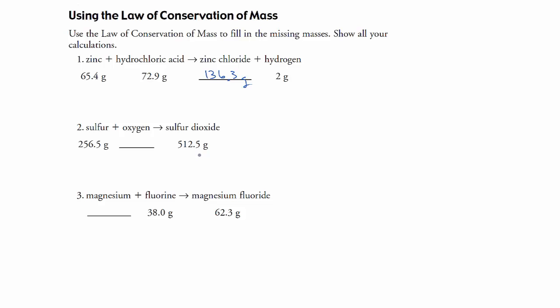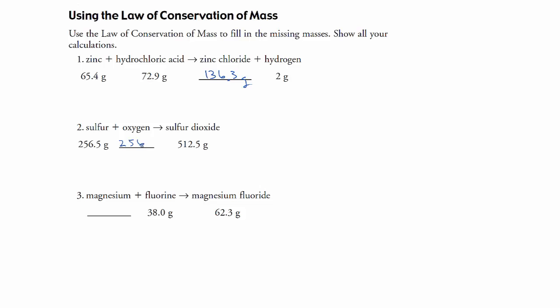So we now know that if we subtract 256.5 from 512.5, we will get this missing quantity, this mass of oxygen. Could be wrong here, but I'm thinking that's another 256. 256 plus 256, 512. Makes sense? Makes sense.